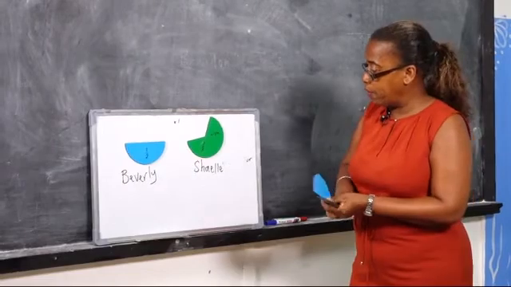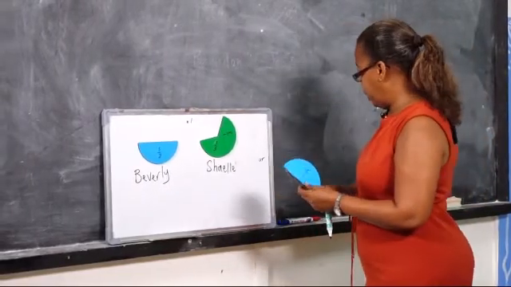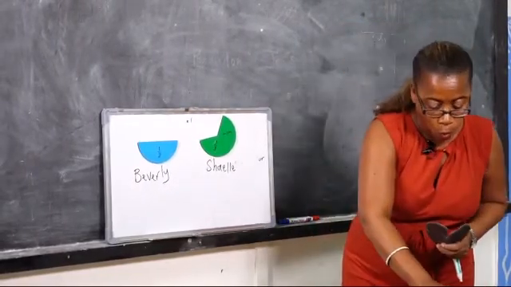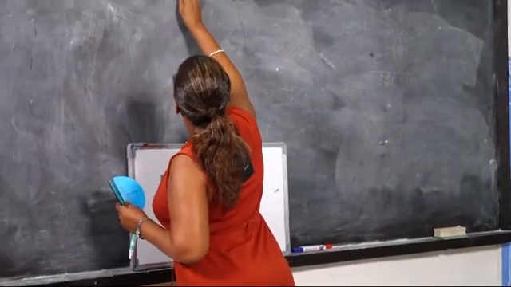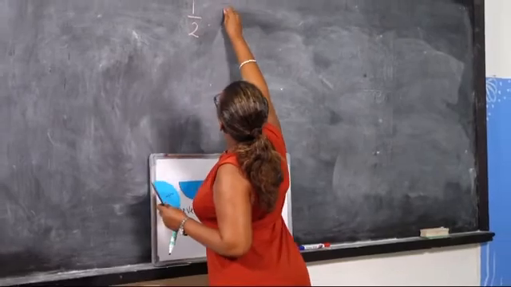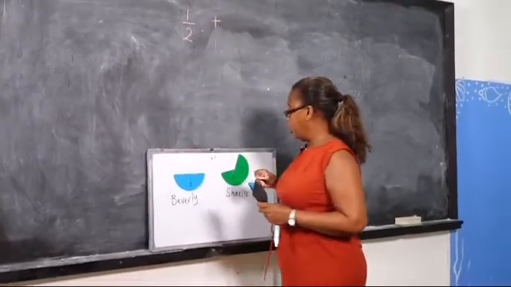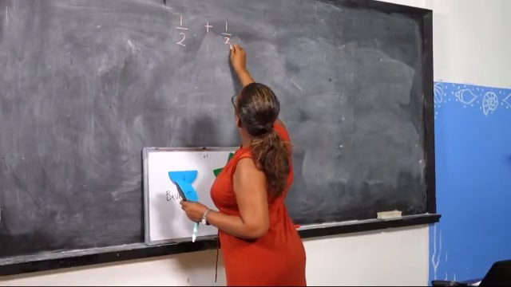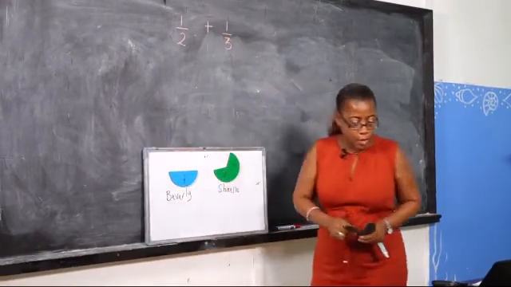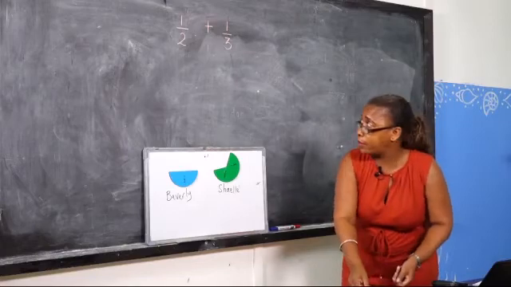So, Beverly, she ate 1/2, plus Charles, she ate 1/3. Okay. Now let us focus on the sum.